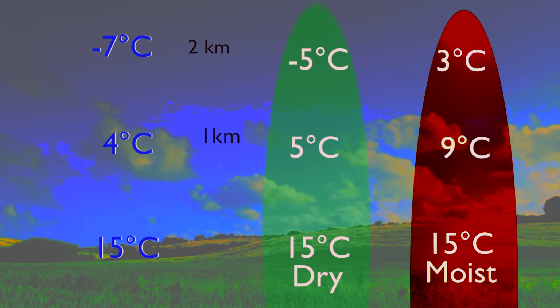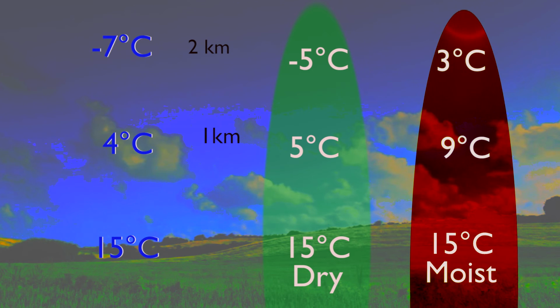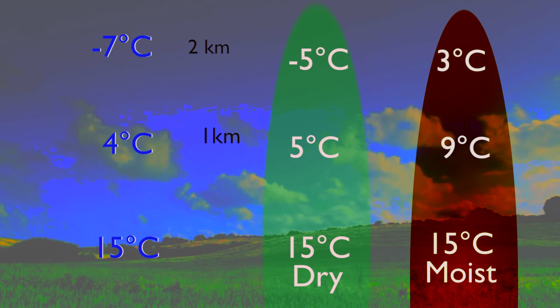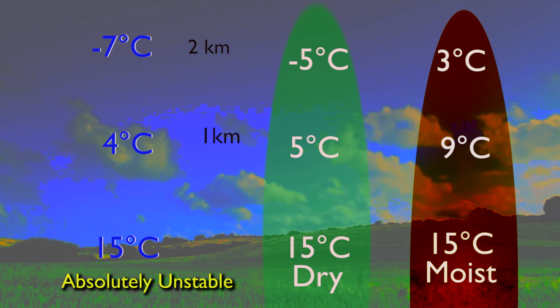In this new example, because the atmosphere is cooling so quickly with increased altitude, lifted parcels of both unsaturated and saturated air end up warmer and less dense than the surrounding air. When released, these parcels will continue to rise on their own. The atmosphere is absolutely unstable in this case.